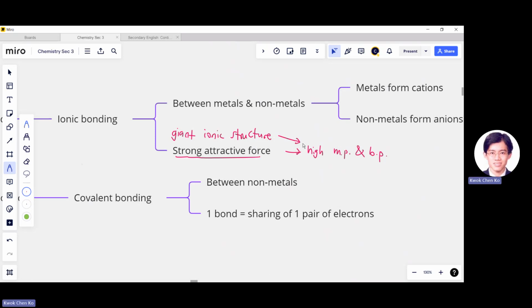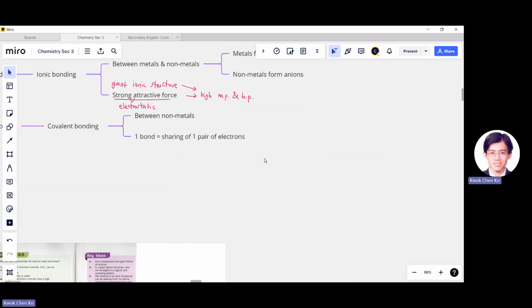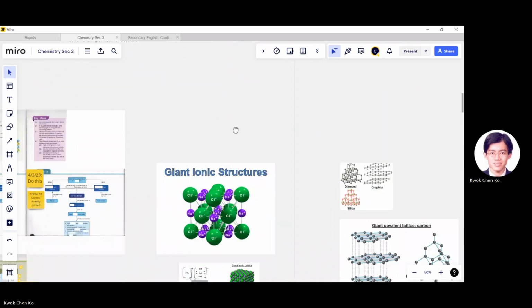Explain why they have high melting and boiling points? But can I just add one word? Strong electrostatic attractive force. They like to see the word electrostatic there. So just to give you an idea, it looks somewhat like this.